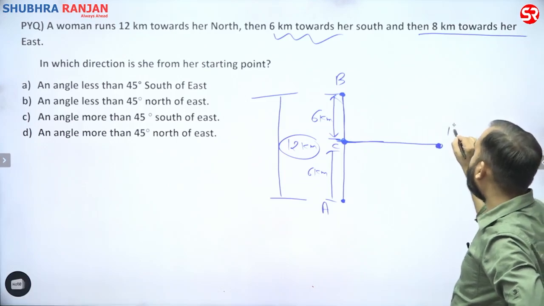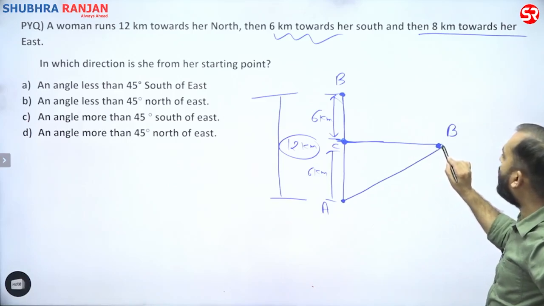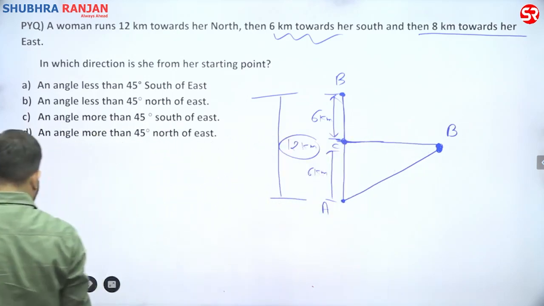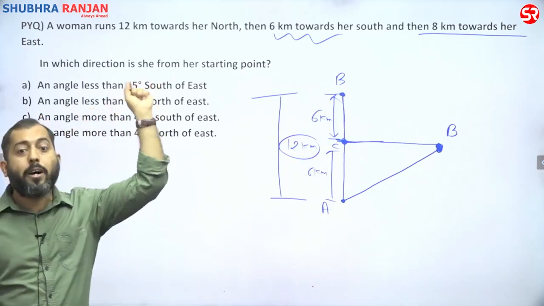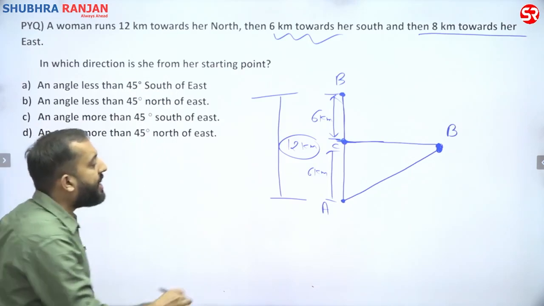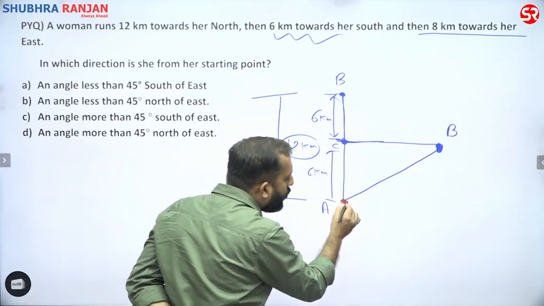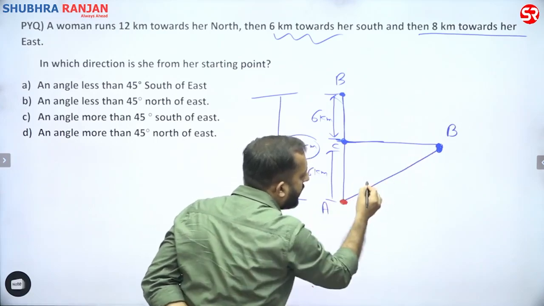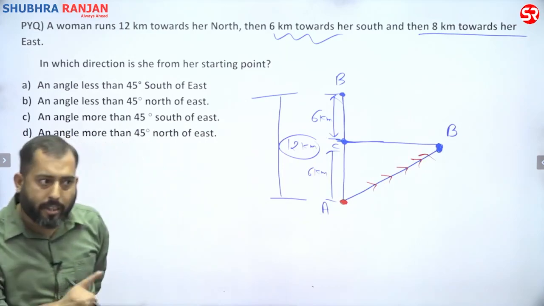This is point B. Now join this point A with point B. Now, in which direction is she from her starting point? So starting point was A. So with respect to A, you need to tell me what is this direction AB. Northeast. This is damn sure. Northeast has to be there.